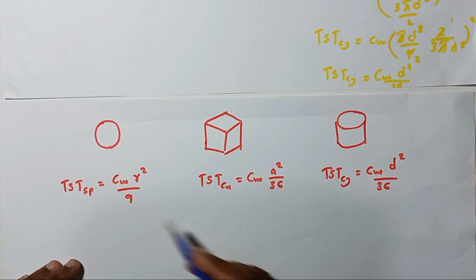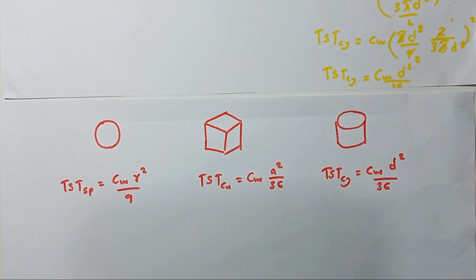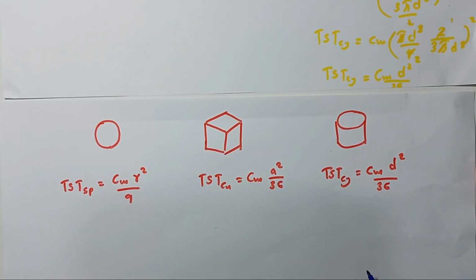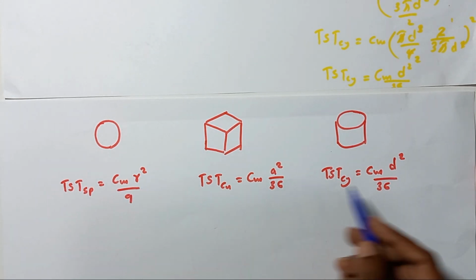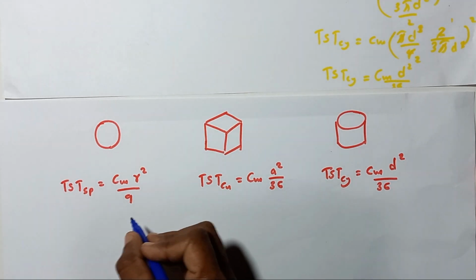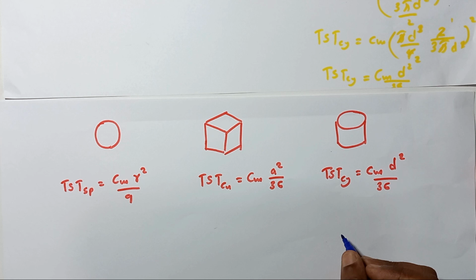So we have to write these three equations in one single parameter. I am going to select A as the single parameter, so I'm going to replace R with A, and D with A. What is the relationship given? The volume is the same.